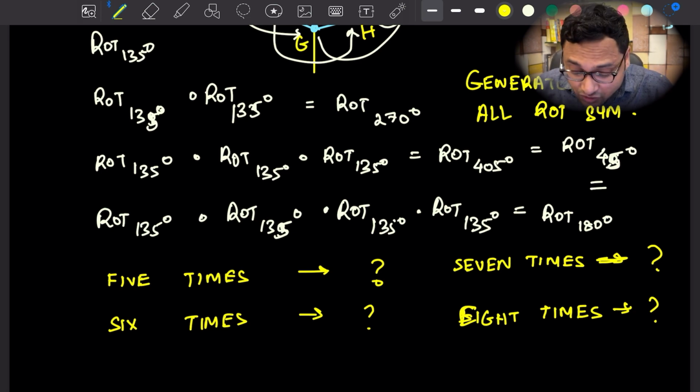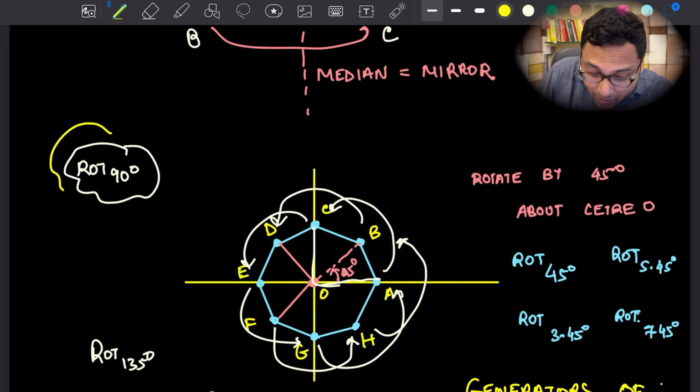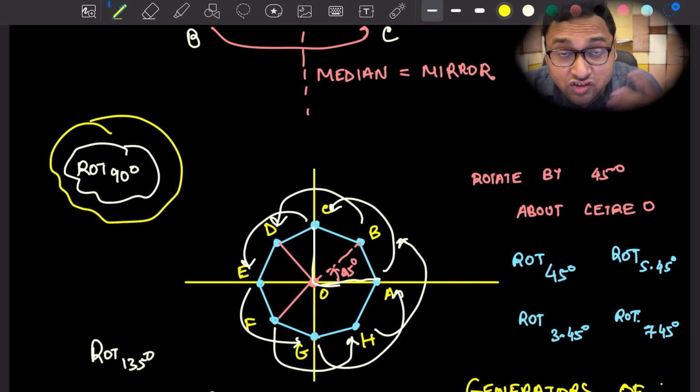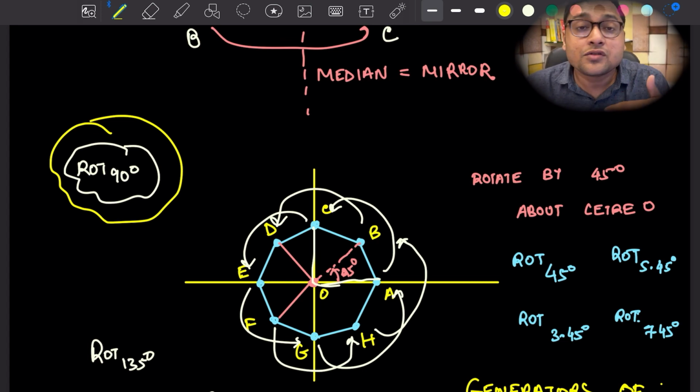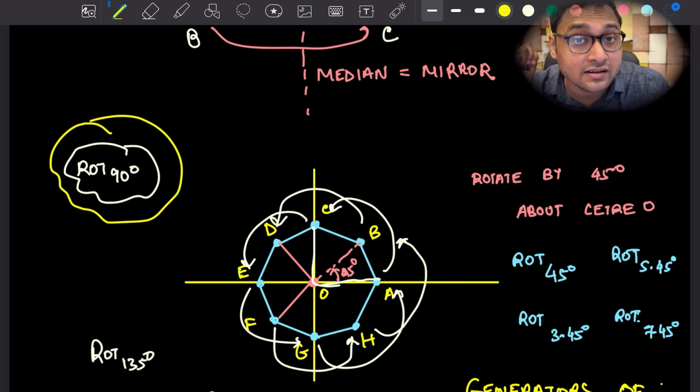This is very special. This is not true about rotation by 90 degrees. You can check. Rotation by 90 degrees, just by composing it with itself, you cannot create rotation by 45 degrees. You will only create the multiples of 90. 45 is not a multiple of 90, so you will not be able to create that.